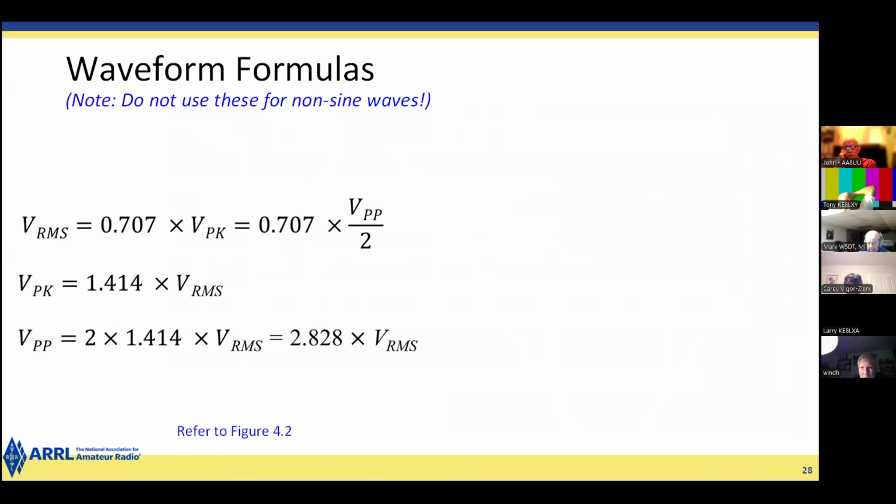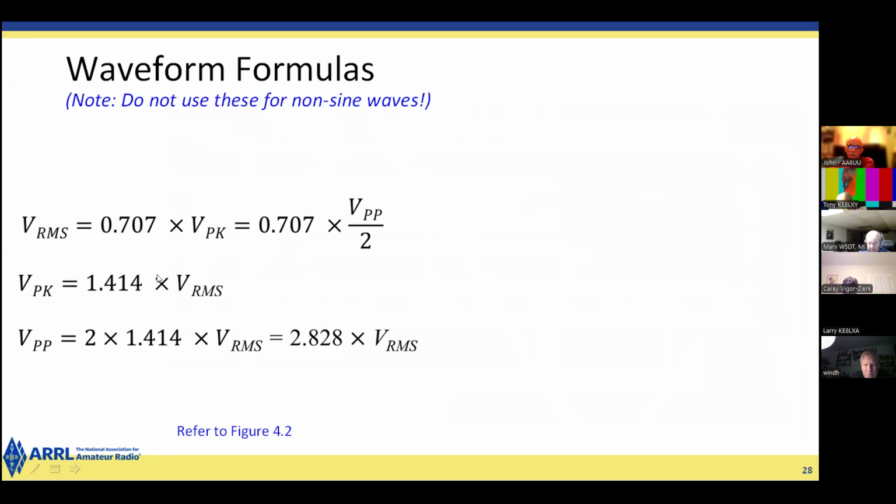There you go. All in this very top equation, VRMS is 0.707 times the peak, or V over 2, which is the peak to peak, times 0.707. Or if you want to be fancy, you can take the RMS times 1.414 to get the peak if you know the RMS.